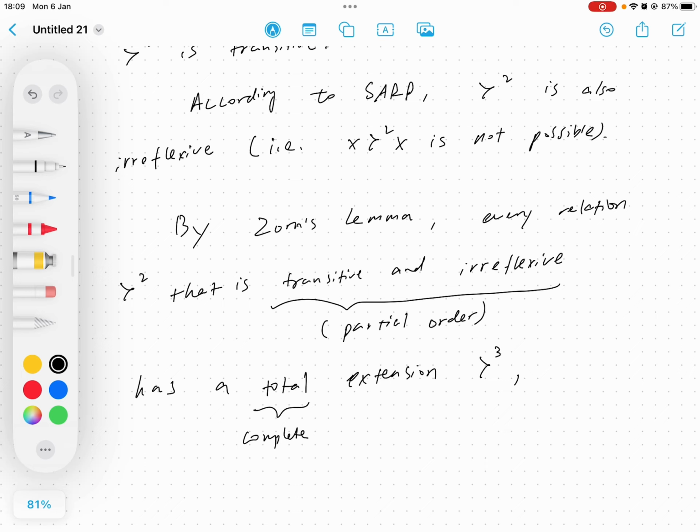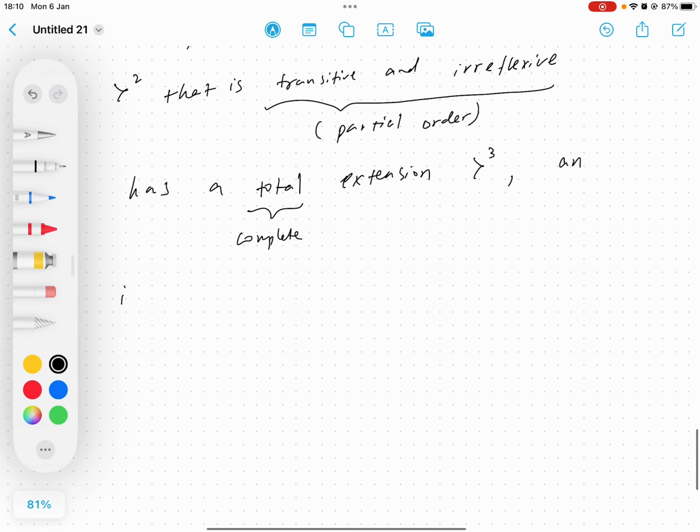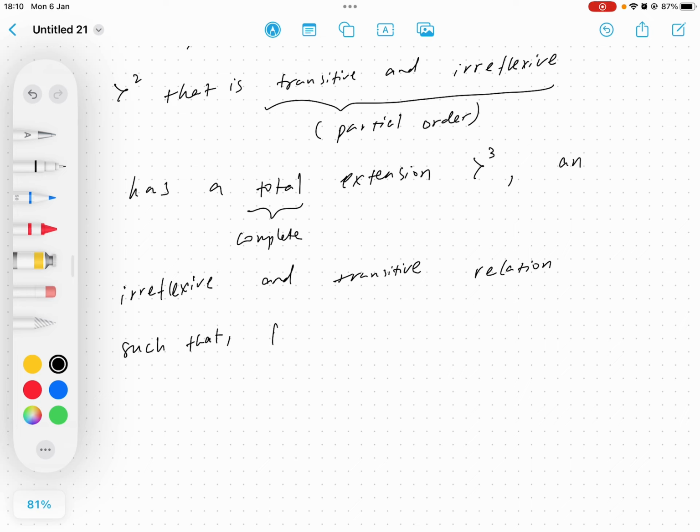So every relation, the second one, that is transitive and irreflexive has a total extension, an irreflexive and transitive relation such that, first, x better than y in the second relation implies x better than y in the third one.